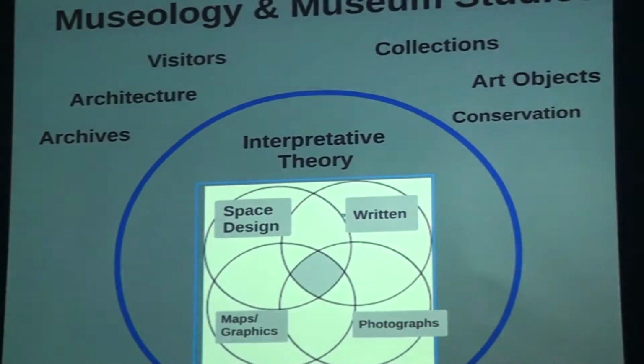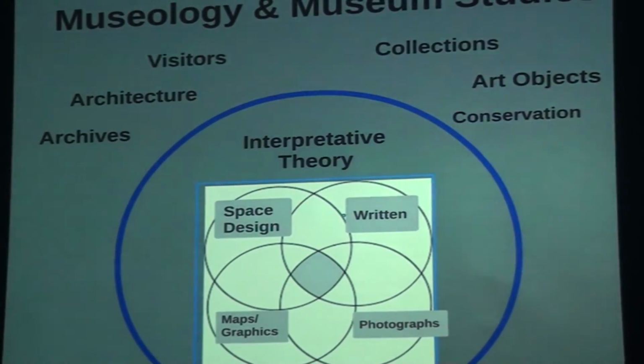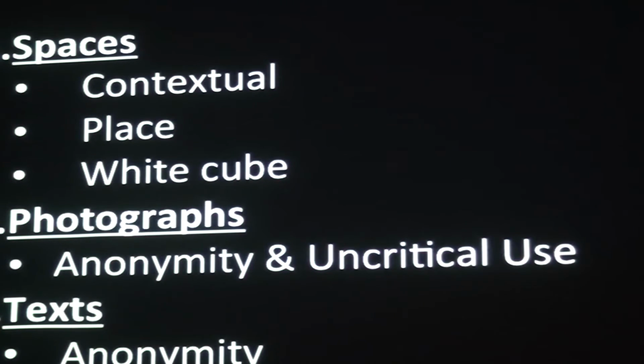So I'll give us the next images of the same, about museology and interpretive theory, and these are the things that we're gonna be looking at. Particularly when we talk about spaces, what I'm really interested in is each of the Islamic exhibitions that I showed you at the beginning of the presentation, the list and then the map. Each of the spaces have changed. And I've divided the space into three different categories.